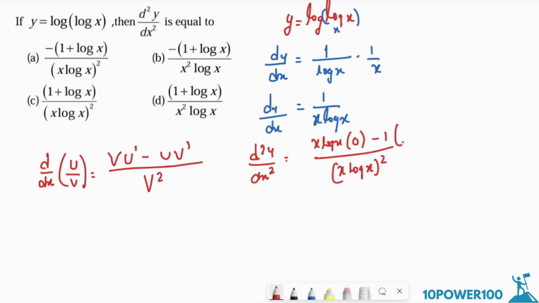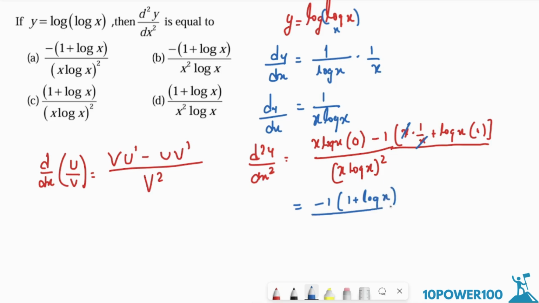I'll keep x as it is, into the differentiation of log x, which is 1 by x, plus log x into the differentiation of x, which is 1. So x log x into 0 becomes 0. Now here we can cancel x and x, so we get 1. It is minus of 1 plus log x, divided by x log x the whole square.